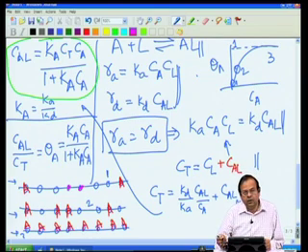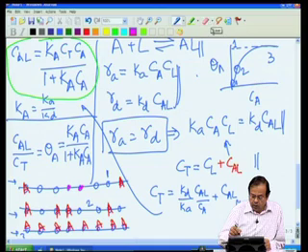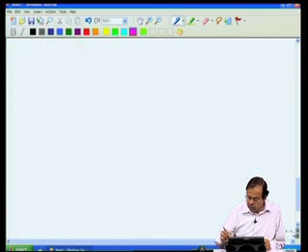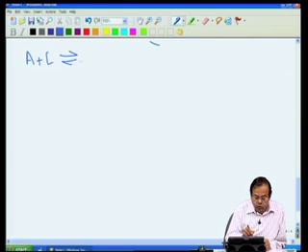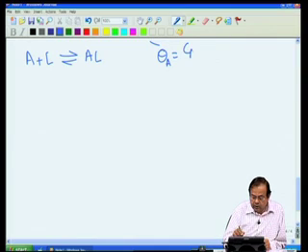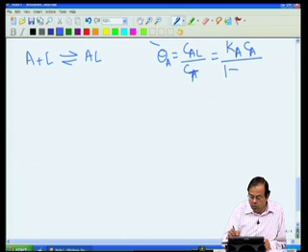Let us start afresh by saying that we just now considered A plus L going to AL, and we saw that we get fractional coverage theta A as CAL by CT, equal to Ka Ca by 1 plus Ka Ca.